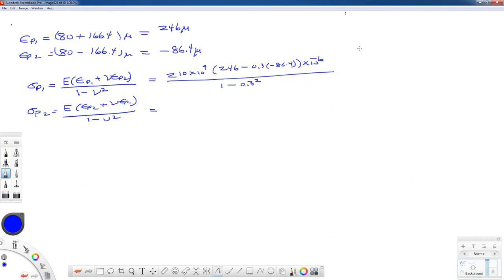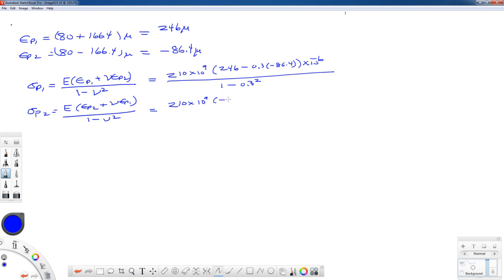Alright, so I'm substituting in the material properties. I've written down one of the equations already. Let's go ahead and talk through the second equation. Sigma P2 would be equal to the modulus of elasticity. Now it was 210 gigapascals, so that's 210 times 10 to the 9th pascals.